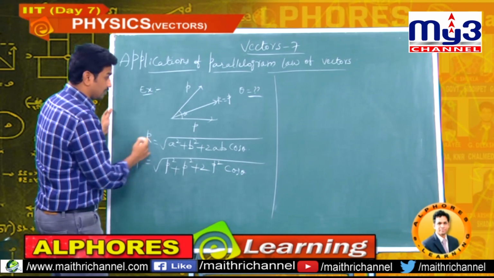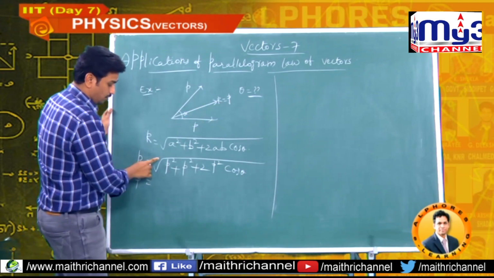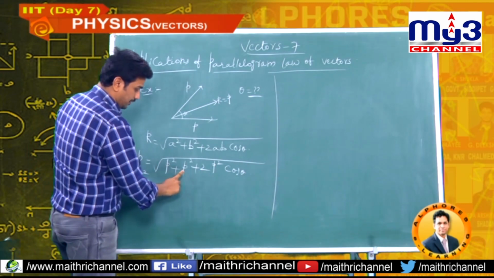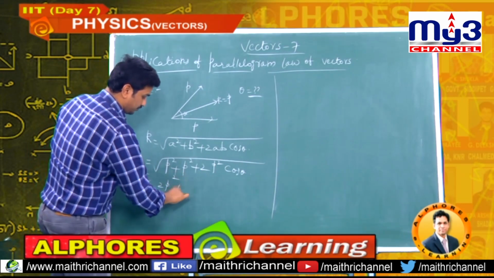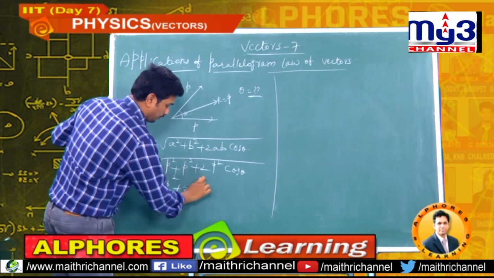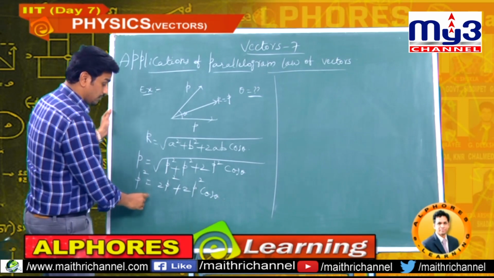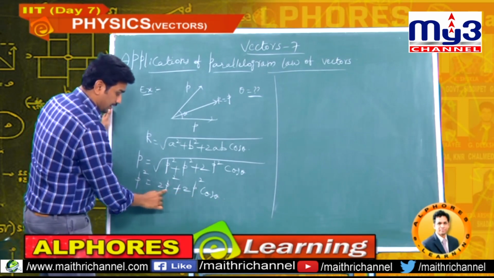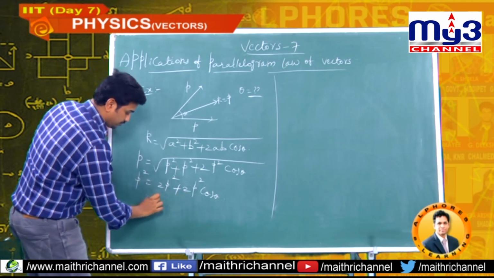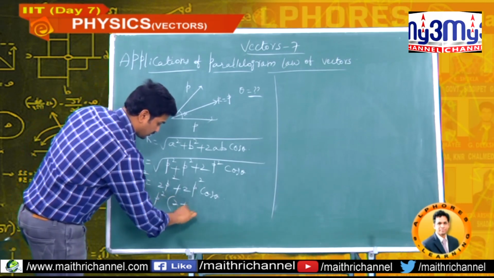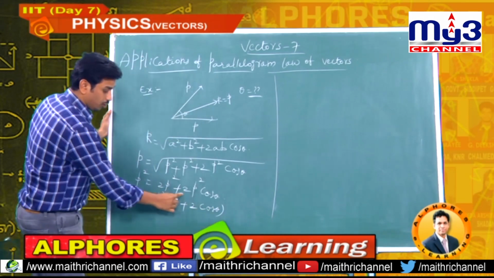The resultant is also P, given. Squaring on both sides, the square root is gone: P square equals P square plus P square plus 2P square cos theta. Now can I take P square common? Taking P square common, 2 plus 2 cos theta.